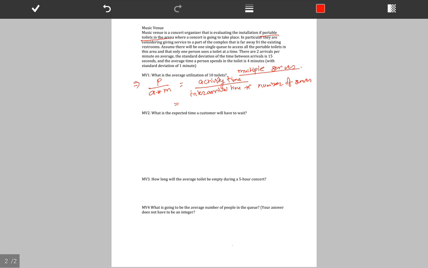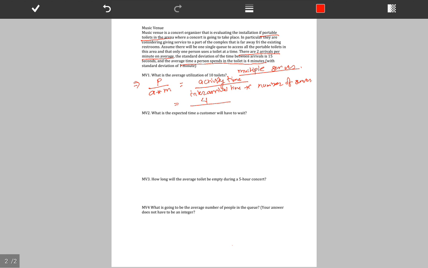Well, activity time here is 4 minutes. On average, a person spends 4 minutes on the toilet. Inter-arrival time is a little tricky here. There are 2 arrivals per minute.